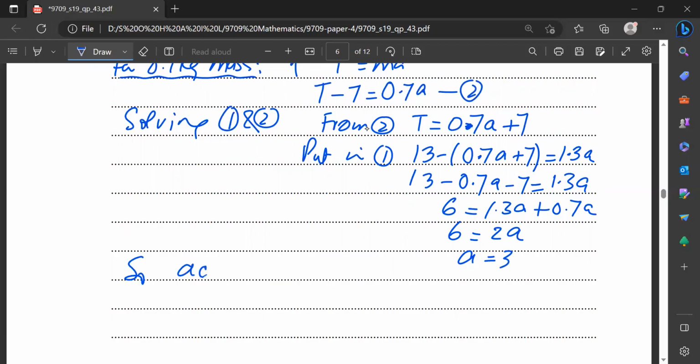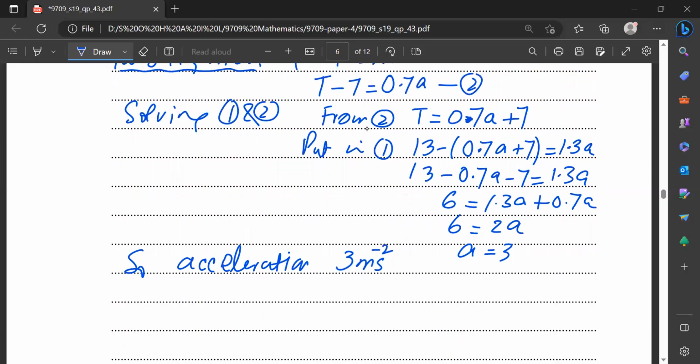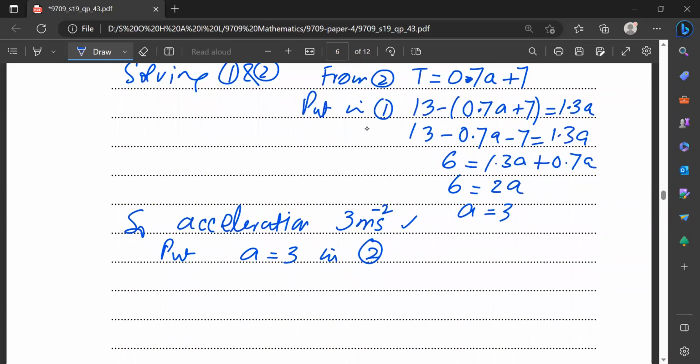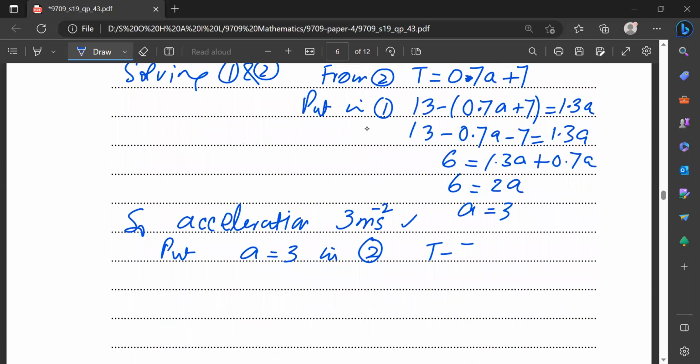So the acceleration is 3 meters per second square. For the tension, put A equals 3 in either one of the two equations. T minus 7 equals 0.7 into A, so T minus 7 equals 0.7 into 3.